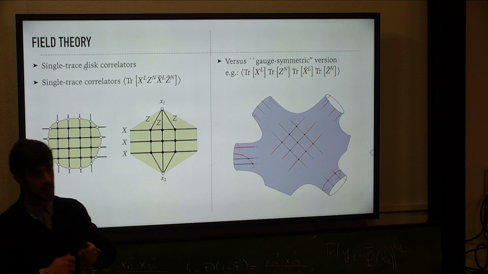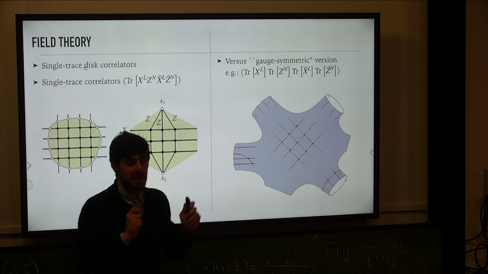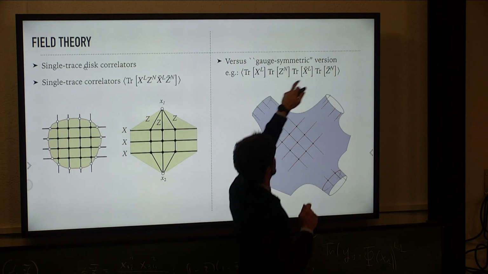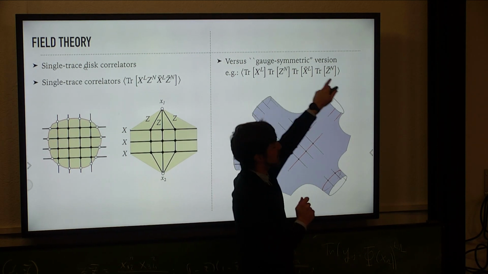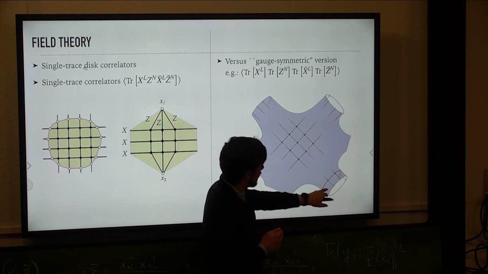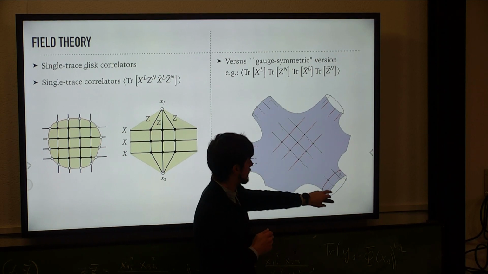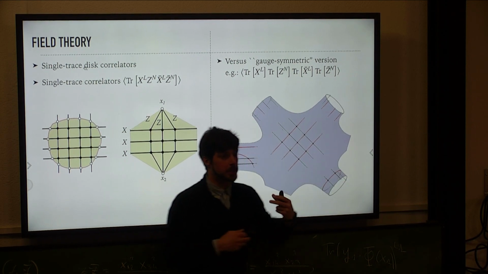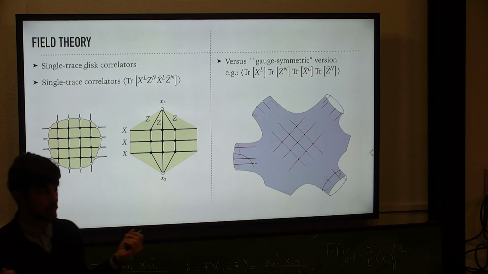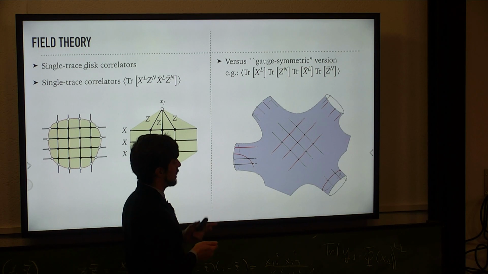of single trace correlators. If I would consider something that I could call gauge symmetric correlator, so I have 4 different points and 4 different traces, well, then I should also care about the fact that around each puncture, so around each trace in this surface, there can be locally correction to the anomalous dimension of this external operator, which are a bit annoying to take into account with the spin chain formula.